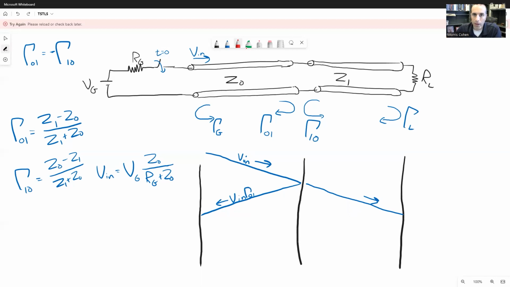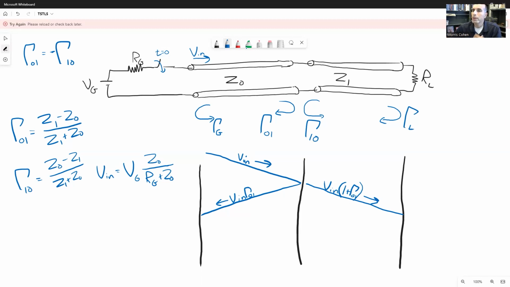And so the value of the propagating wave in the second transmission line will be Vn times 1 plus gamma 0, 1. The 1 there represents the incoming Vn, and the gamma 0, 1 represents the reflected wave, both of which build on top of each other and both of which launch a new wave into the second transmission line.